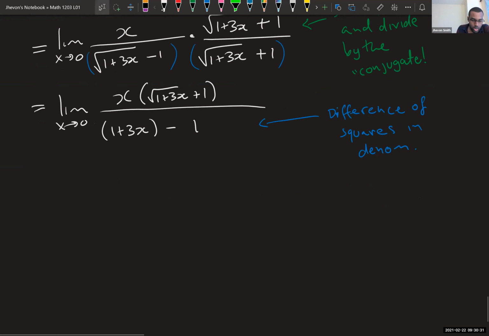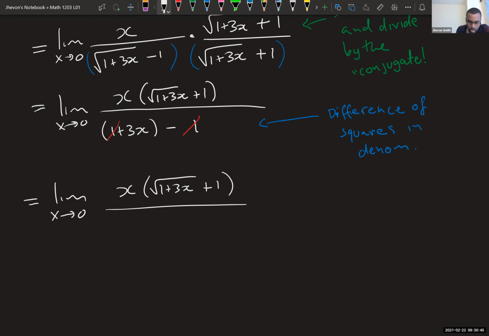Right? So now what happens is you're going to realize that the ones get canceled. They kill each other, 1 minus 1. And so what we're going to be left with here is 3x in the denominator. Now you're going to realize, well, I still can't plug in x equals 0, but hold on.